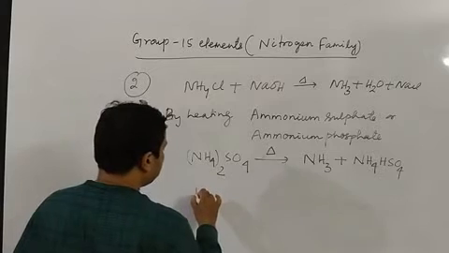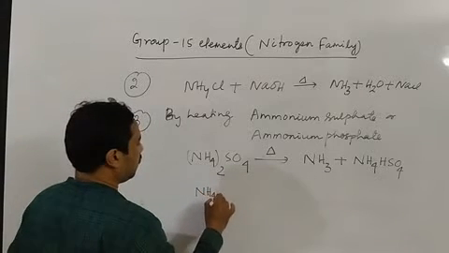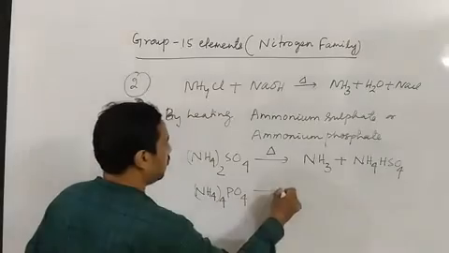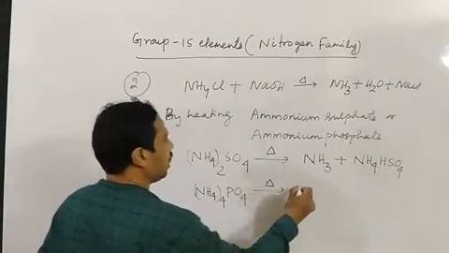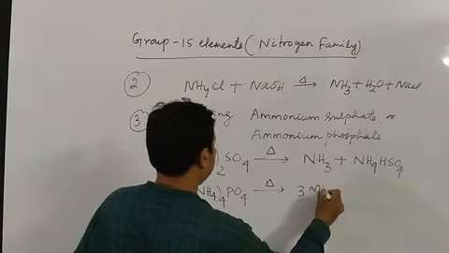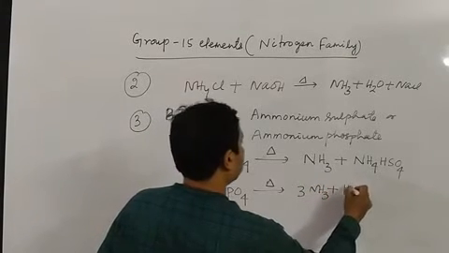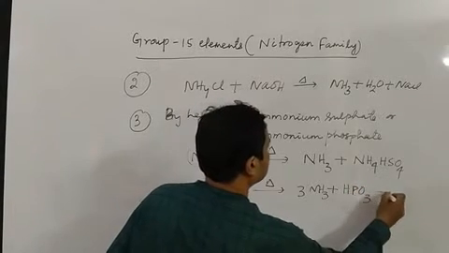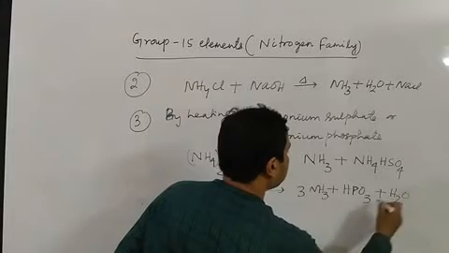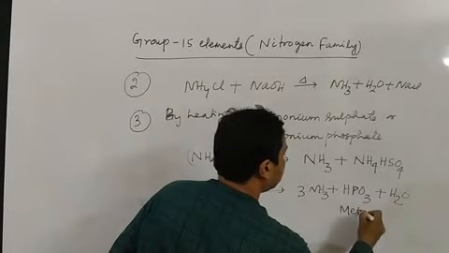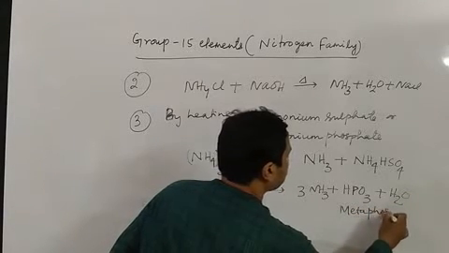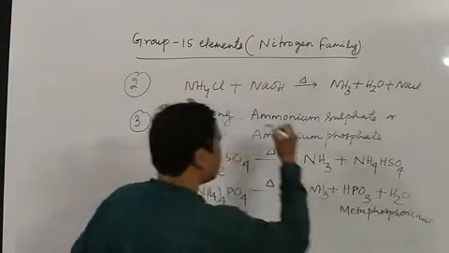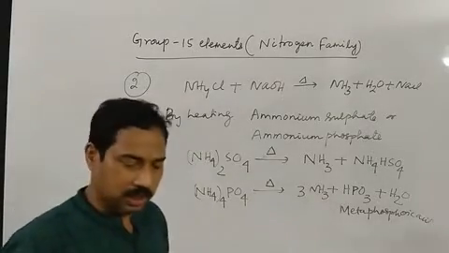Similarly, when ammonium phosphate is heated strongly, it gives rise to ammonia plus HPO3 plus H2O. This is metaphosphoric acid. H3PO4 is the phosphoric acid. So these are the other methods of preparation of ammonia.